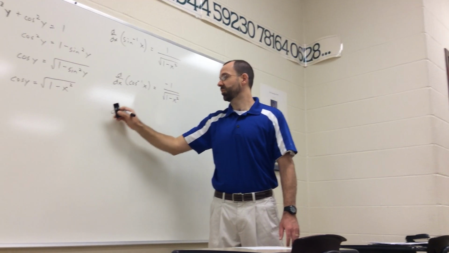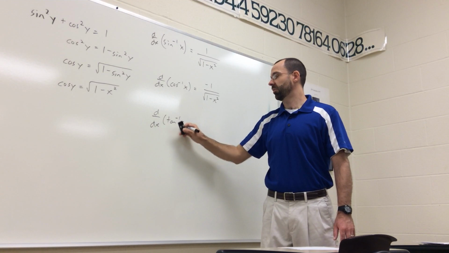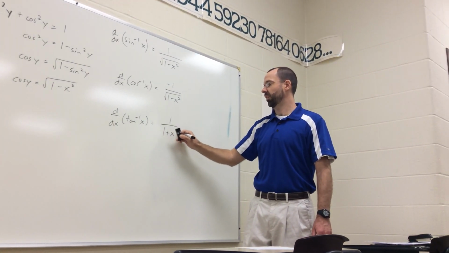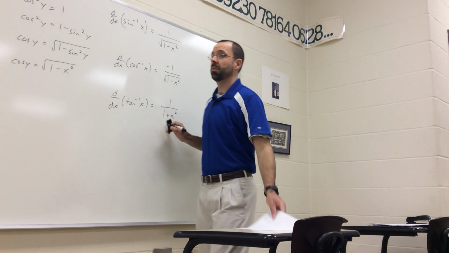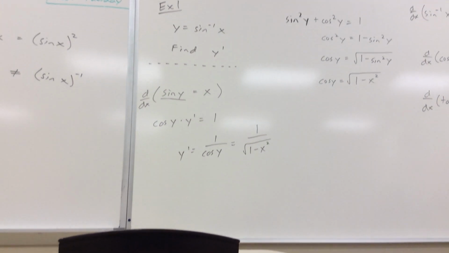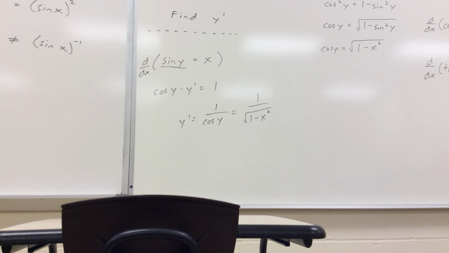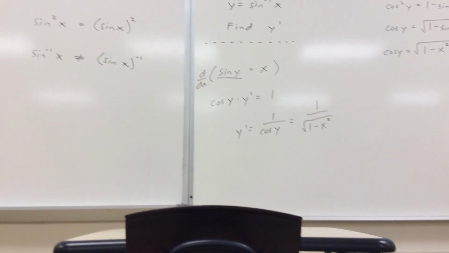Okay, so the next one is inverse tangent. Derivative of inverse tangent is 1 over 1 plus x squared. Then there's 3 more.